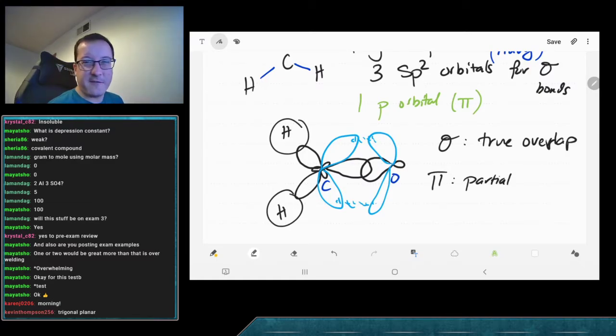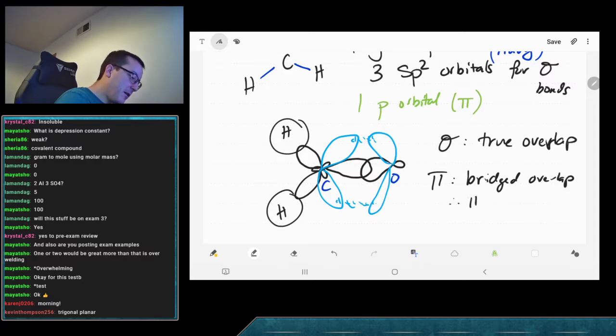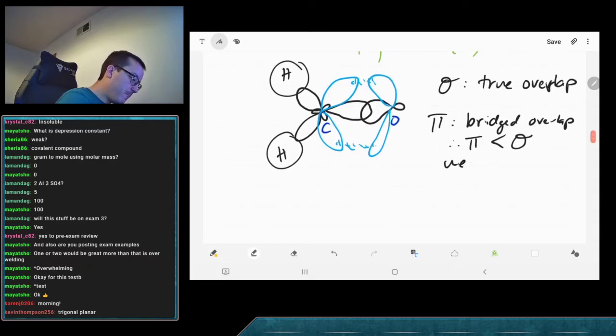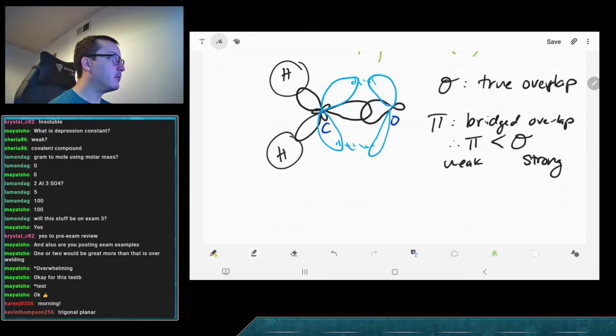Or they're a kind of fake overlap. I don't want to say partial. It's kind of a bridge overlap. And so we're going to see that pi bonds are going to be weaker than sigma bonds. I know how beautiful that drawing is.